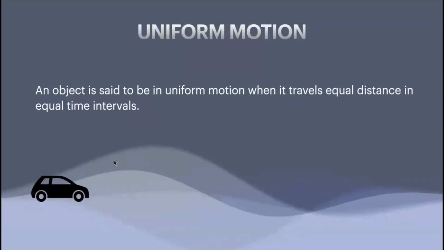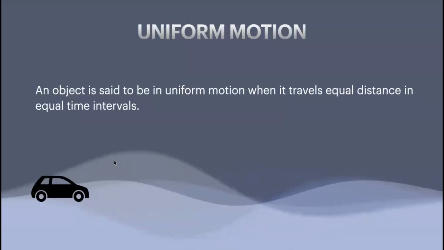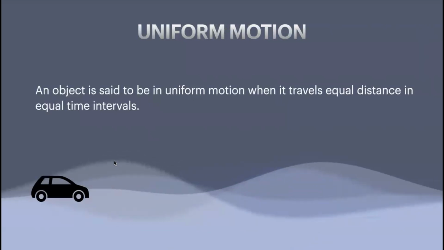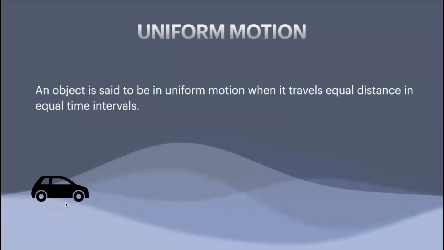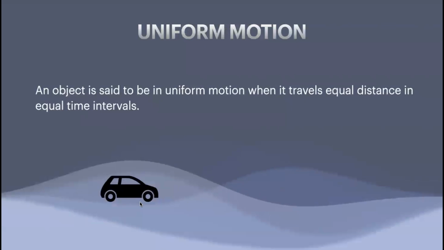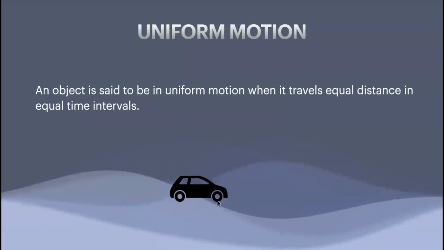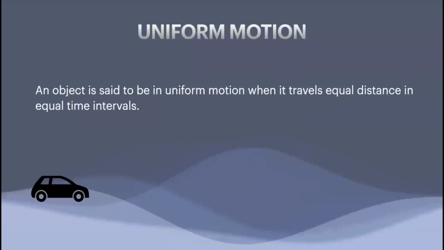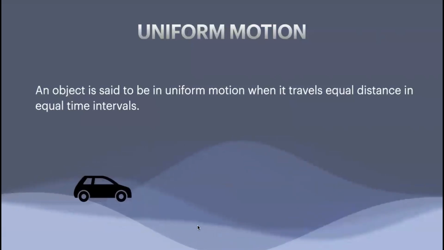Next. What is uniform motion? An object is said to be in uniform motion when it travels equal distance in equal time intervals. Correct? Okay. Let us understand this here. You have a car over here. The car travels some distance, it travels the same distance in the same time, again it travels the same distance in the same time.